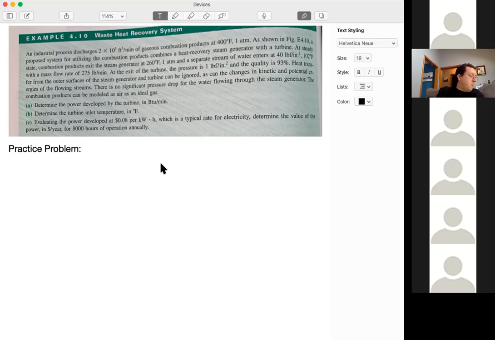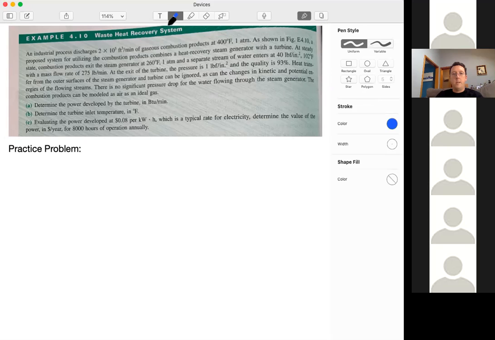They will give you a picture. I'll draw the picture here for you to look at. The idea is this: your control volume is going to be inside this.